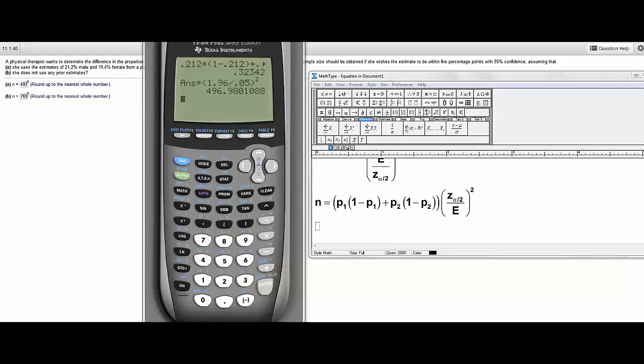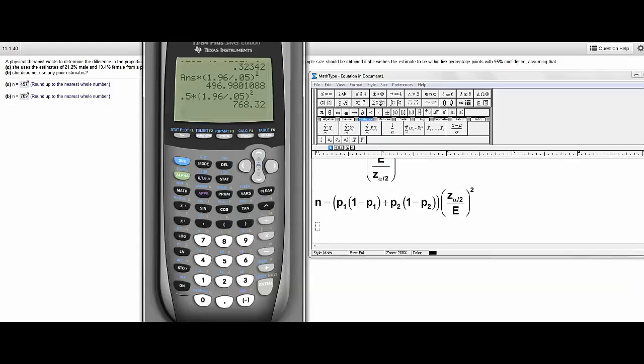So what does that have to do with this question? Well, if I don't know the percent, so like in this case the 21.2 or the 19.4, I'm going to assume worst case, which is 0.5. So 0.5 was going to be my p, and times that 1.96 divided by the margin of error, which is 0.05 again, and then square that.